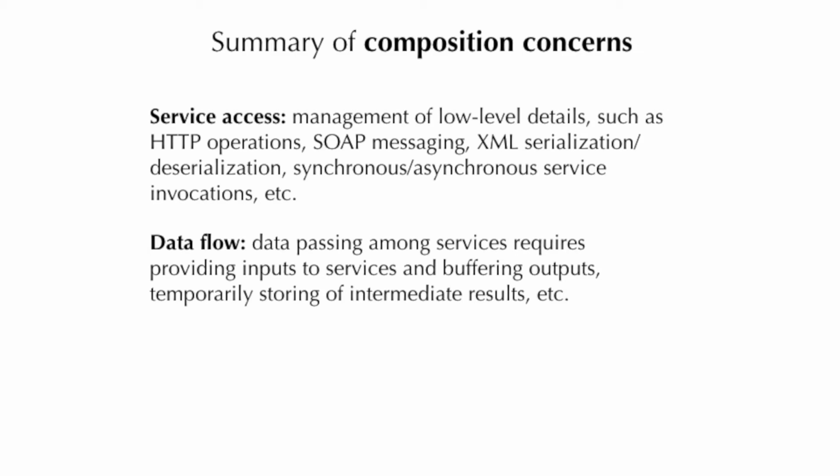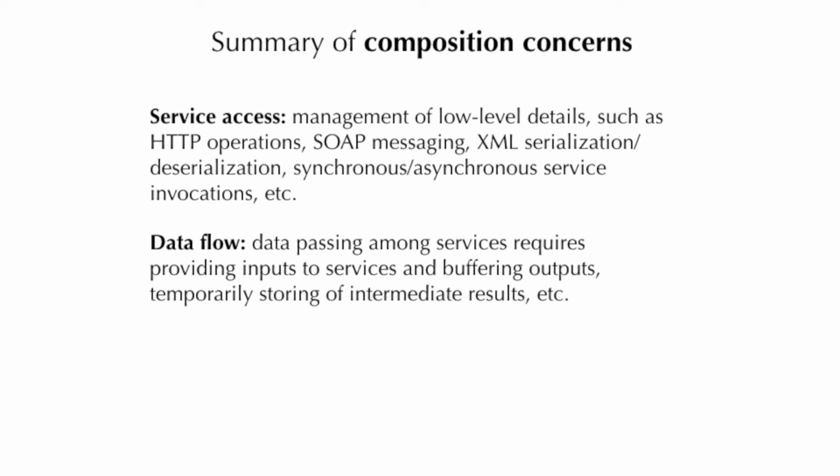Next, as we have seen, data flow. So we need to be able to pass data among the services. We compose them, so the idea is that we integrate services that provide some data that we need in our own composition, and that the other services also need.